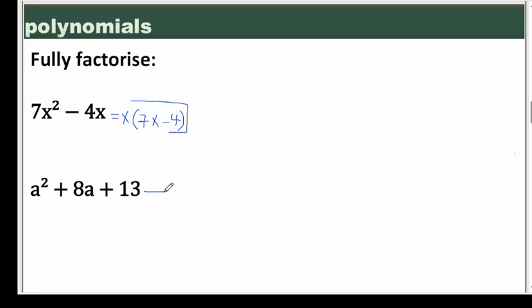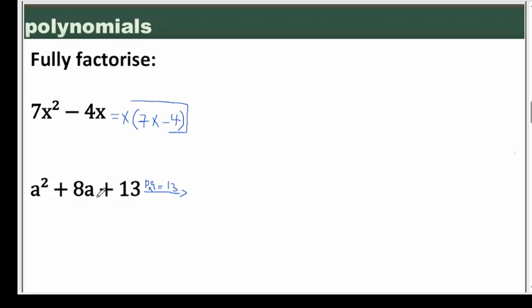How about this one? For this one, I try to use the rule of sum and product that says I have to find two numbers, P and Q. If I multiply the two numbers by each other, it gives me 13, the constant.